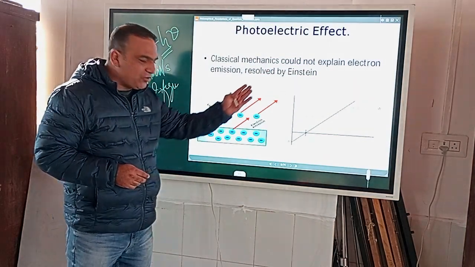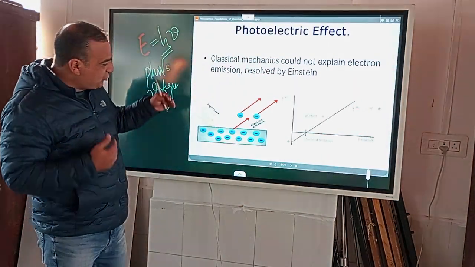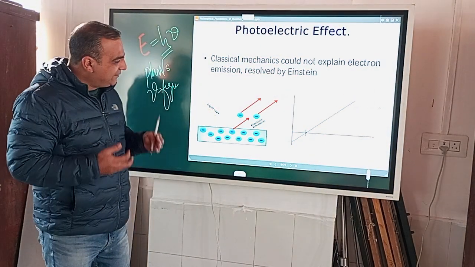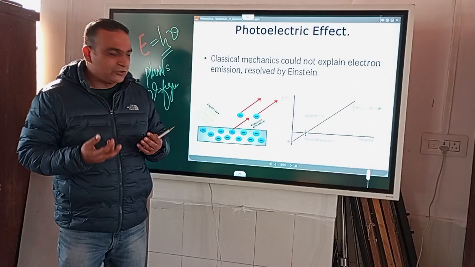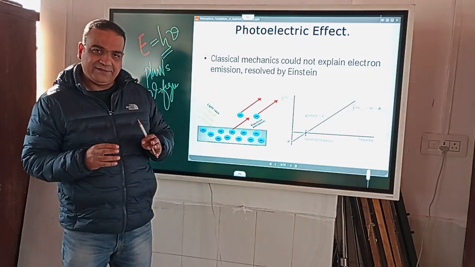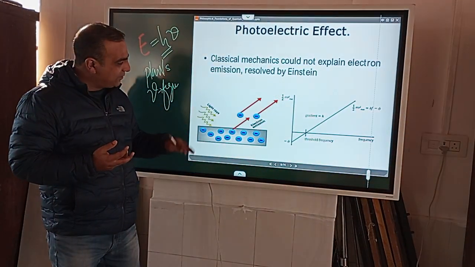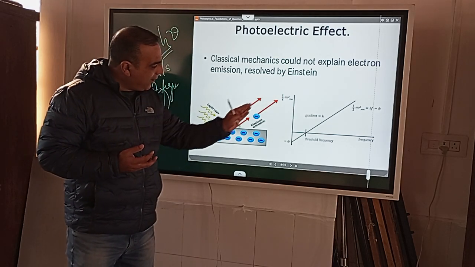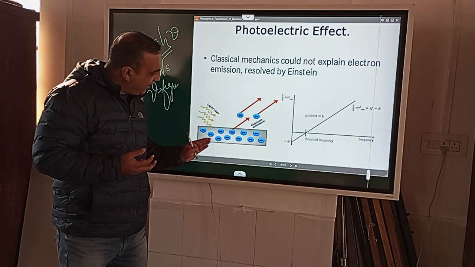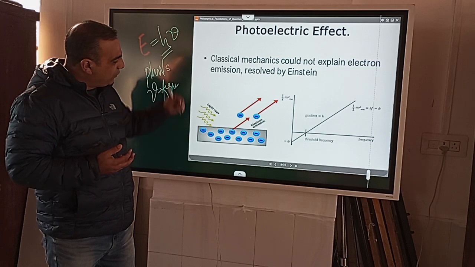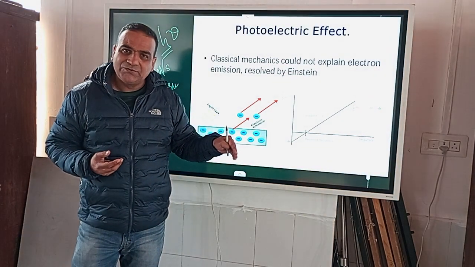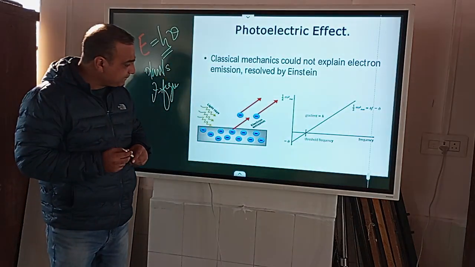And this emission of electrons, due to the bombardment of light on this material, is what is called the photoelectric effect. The electrons emitted from this metal come out because of the radiation that falls on this photosensitive metal.